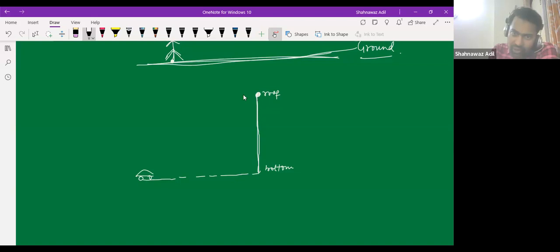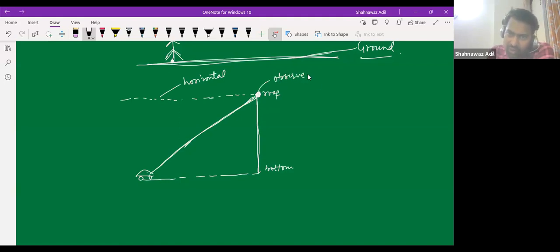His horizontal line would be this, and to see this car, we have to look down. This line connects the observer with the object we are observing, and again it is the line of sight.